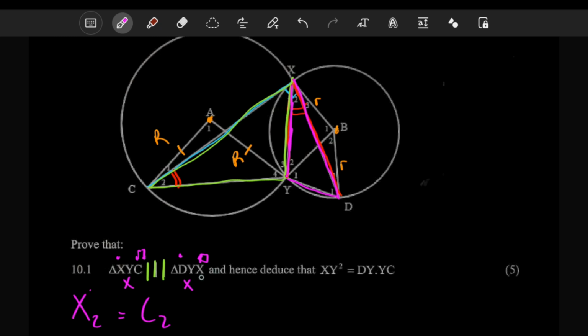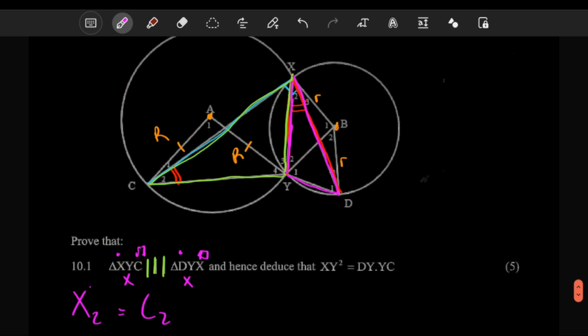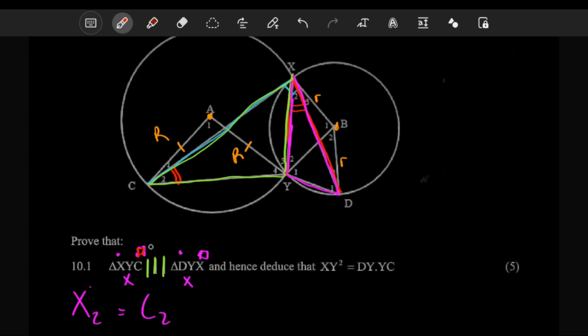This C, we've said it's equal to that X because of the tan chord theorem. We said try and use these to guide you. This C here, let me put it in red, color coded, we've proven that it is equal to this X over there.